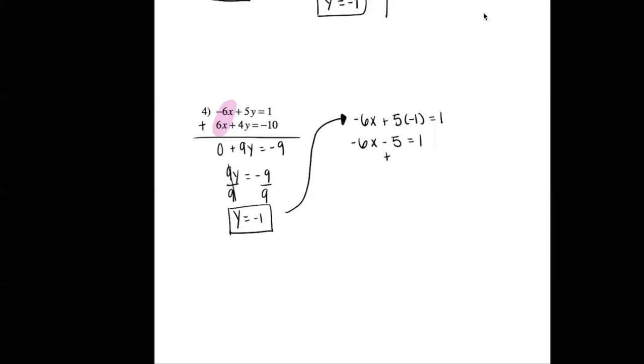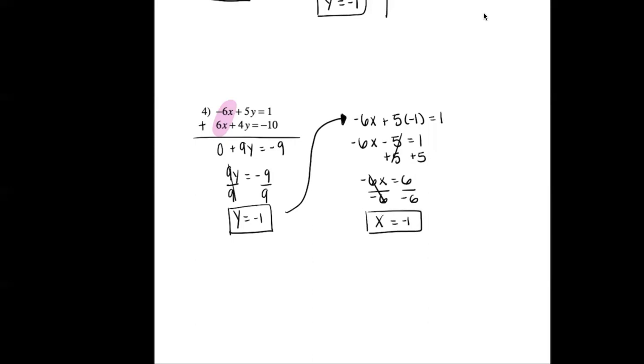So I add 5 to both sides, and I end up with negative 6x equals 6. Well, negative 6x equals 6, divide by negative 6 on both sides. I end up with x equals negative 1.